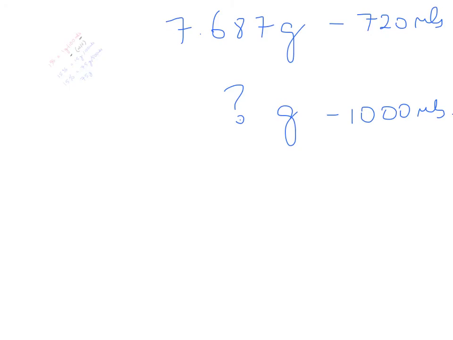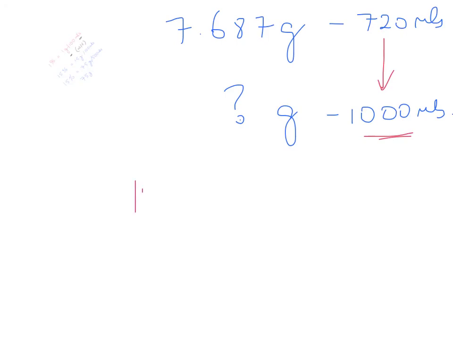Everyone will have a different way of doing this, because some of you will cross multiply, and so on. What I find is, I know that if I take 720 this side, and I divide it by 720, multiply by 1,000, I'll get this side. And if I do the same on the other side, take 7.687 and divide that by 720, which gives me the answer in 1 mil, and I'm going to multiply that straight away by 1,000 to get to the litre.